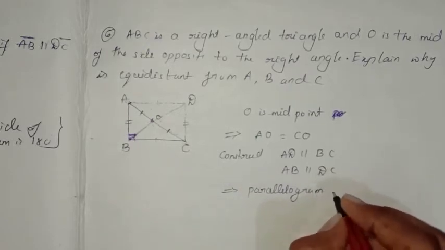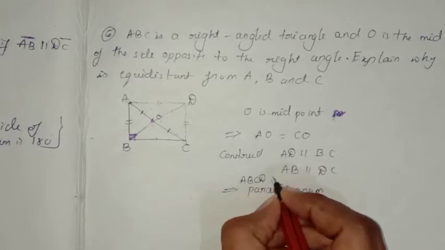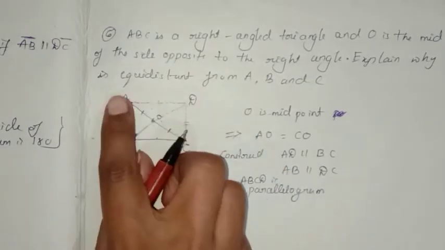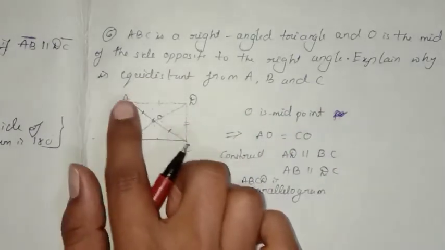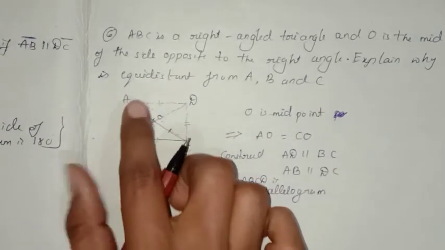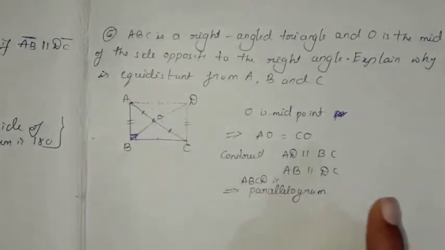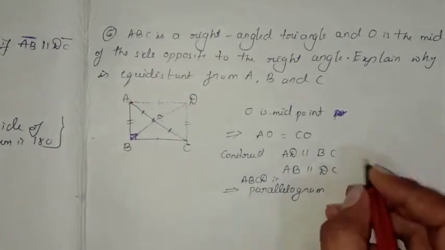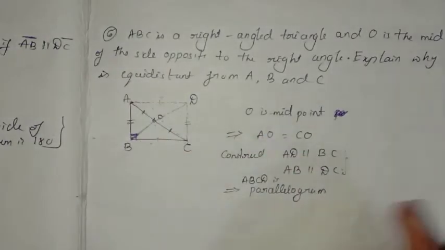Hence we can say ABCD is a parallelogram. You can write ABCD or ADCB. Don't write ACDB like that. You can't write. Once you go like this only you have to go. Otherwise you have to go like this. Okay. So ABCD is a parallelogram on the basis that the opposite sides are equal to each other.